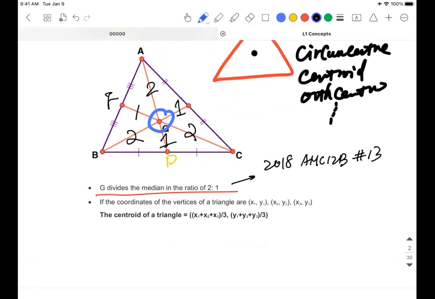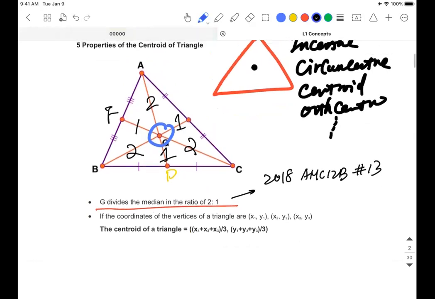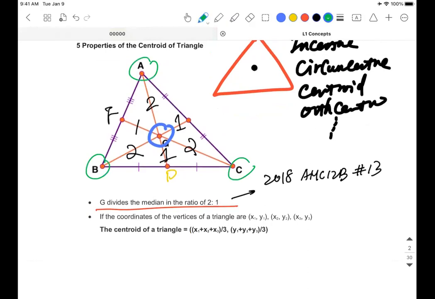All right. So the next one is for this specific centroid. If we go to coordinate geometry, we can find a very important thing. If I know the coordinates of A, B, C, which are x1, y1, x2, y2, x3, y3, the coordinate of the centroid will be the 3 x coordinates added together, divided by 3, and the 3 y coordinates added together, divided by 3.